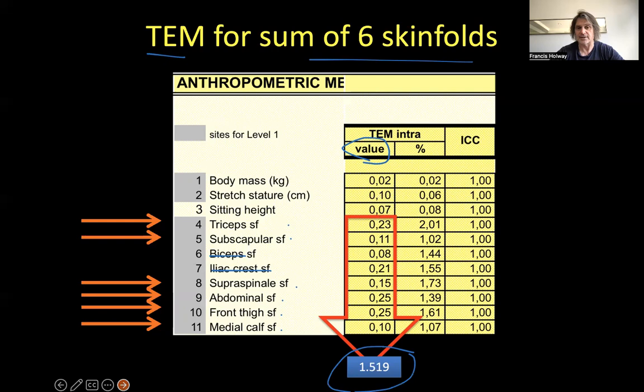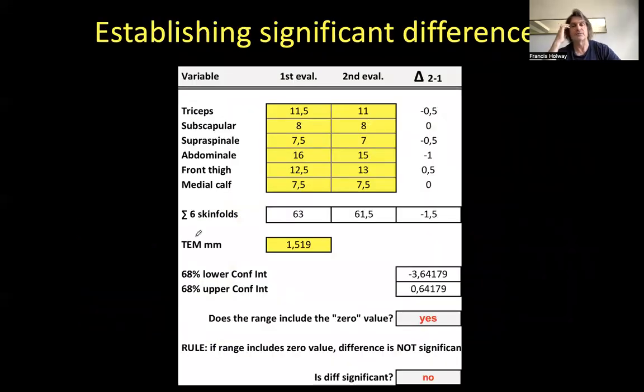What do you do with that? There's another Excel spreadsheet that I'll be sharing with you, and it's called the establishing significant differences Excel. What you do is you have your 6 skin folds, okay, and your sum of skin folds. This is your first evaluation.